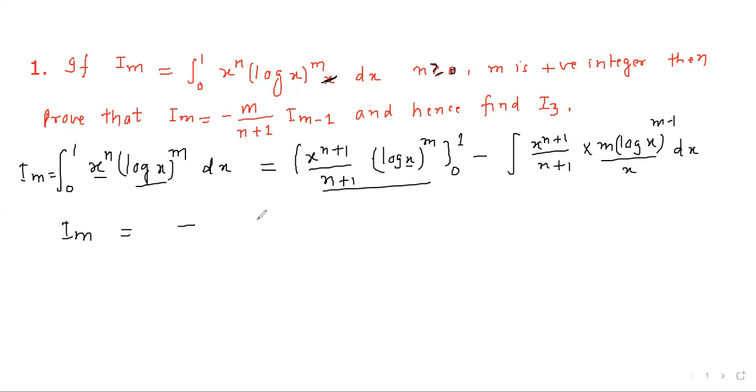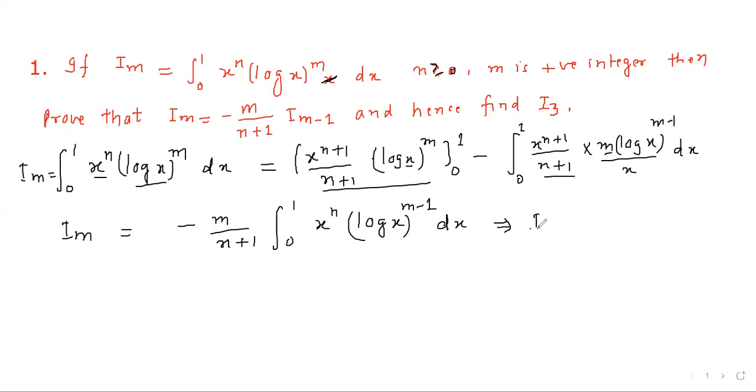So we will get m upon n plus 1, which can be taken outside the integral symbol, integration 0 to 1 of x^n (log x)^(m-1) dx. And this can be written as I_(m-1).